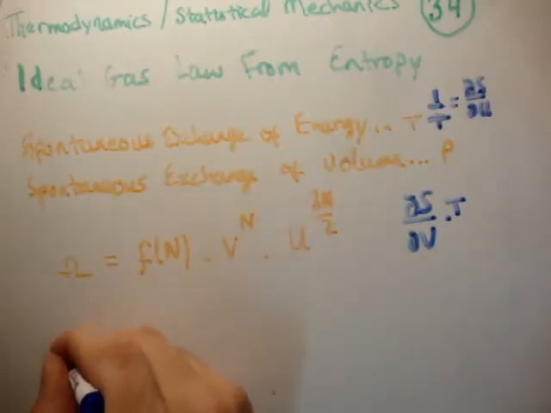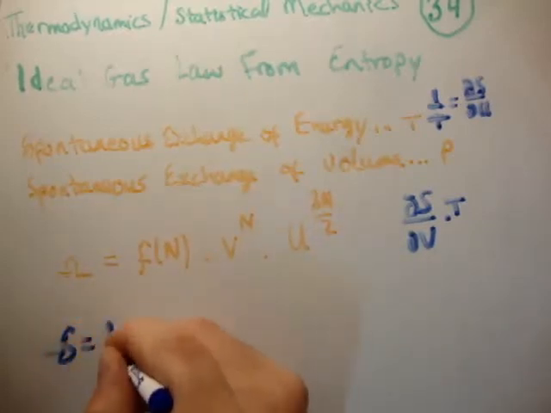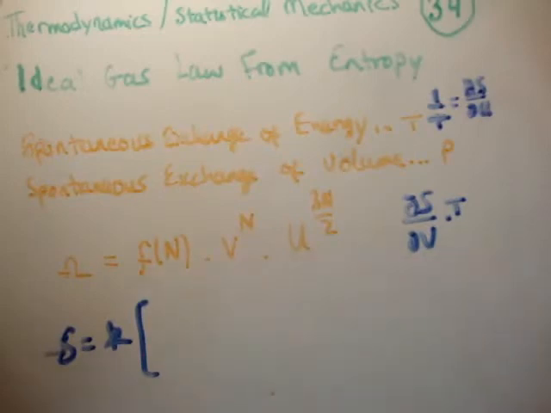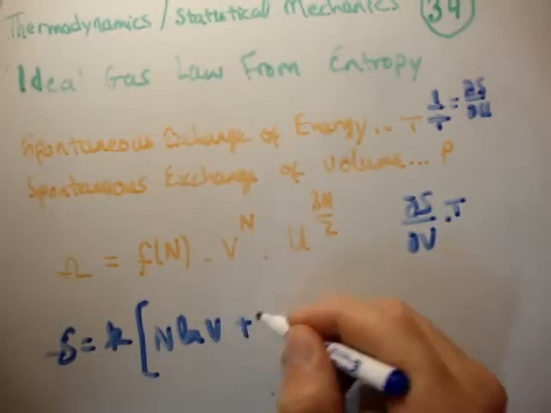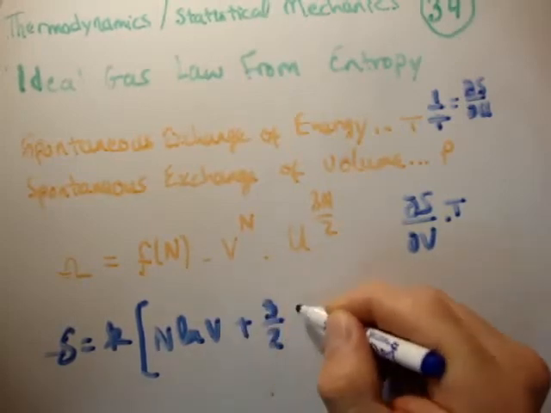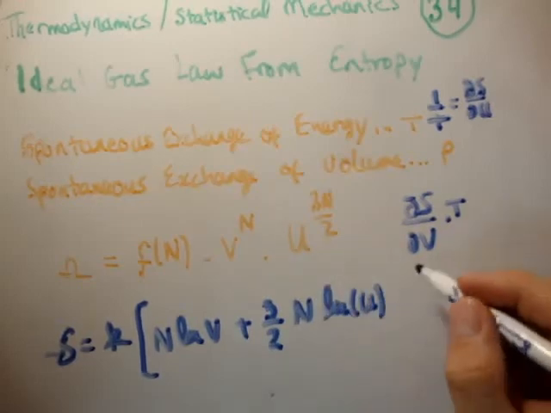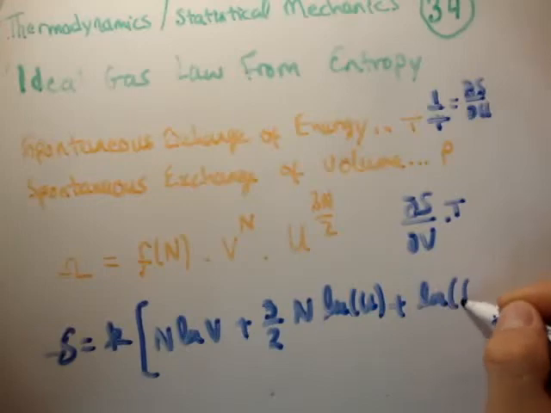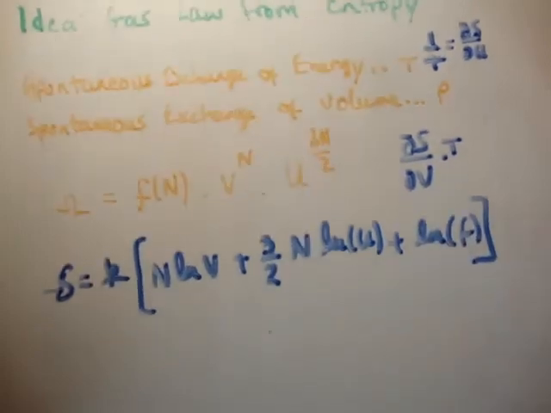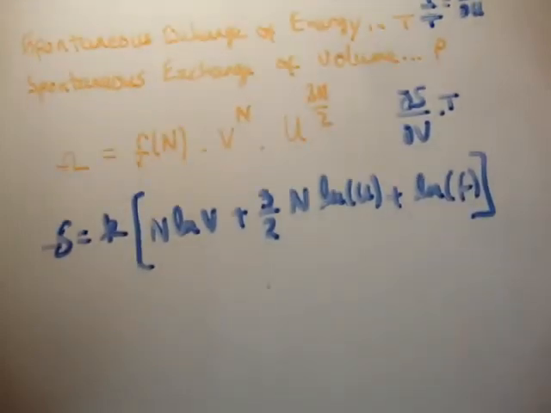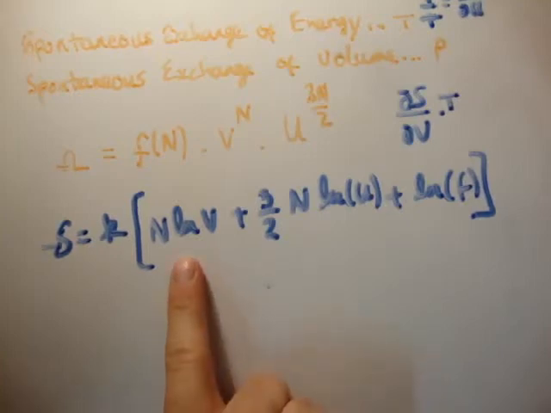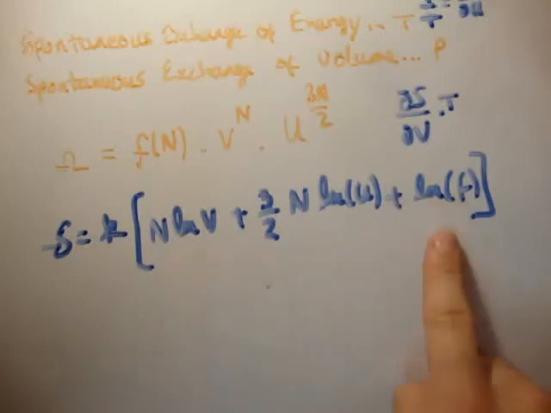We'll say S is equal to k times n log V plus 3 over 2 n log U plus log f. Now we need to get the derivative with respect to V, but the second term isn't a function of V, and neither is the third.